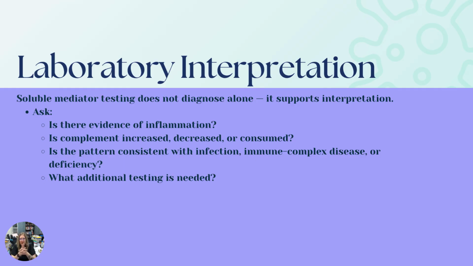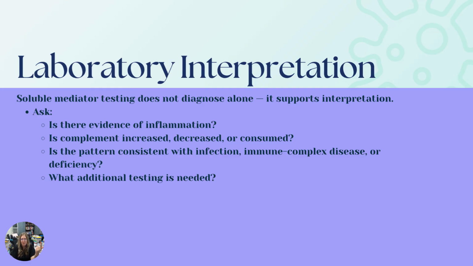So this is where I want you to really start thinking like a laboratorian rather than just simply memorizing immunology. A soluble mediator result rarely gives us a diagnosis on its own. Instead, it's contributing to patterns. So the questions that should be asked: is there evidence of inflammation?